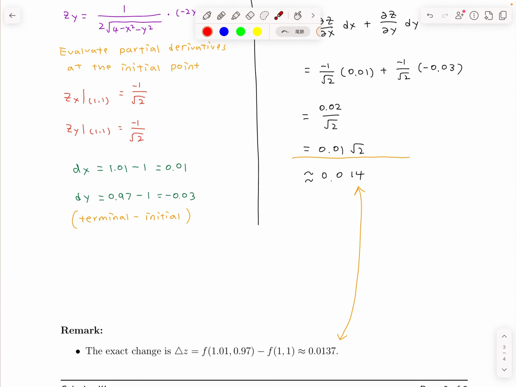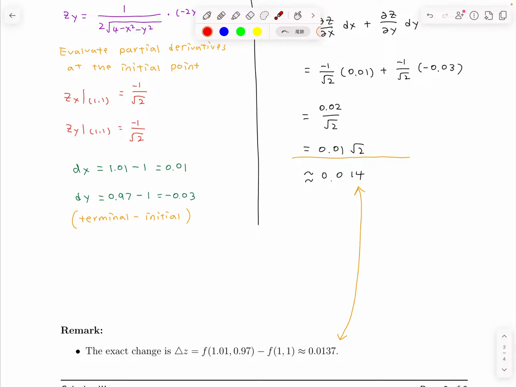And you can see that our approximation 0.014 is pretty good. Okay, so again, the whole idea for this lecture note is to approximate. You don't really want to find a true value, because sometimes it's impossible without using a calculator. So the best thing we can do is to approximate.